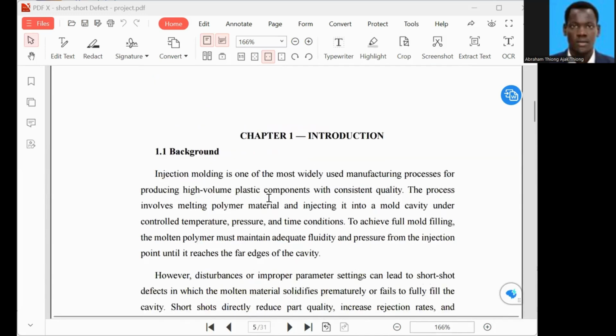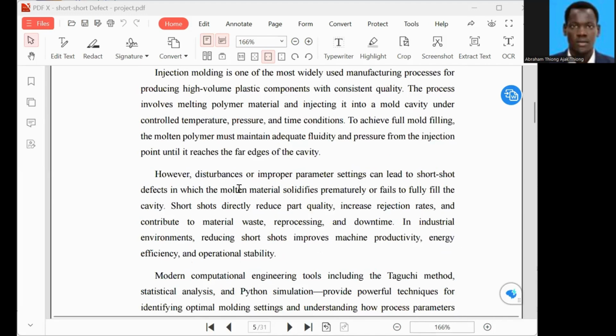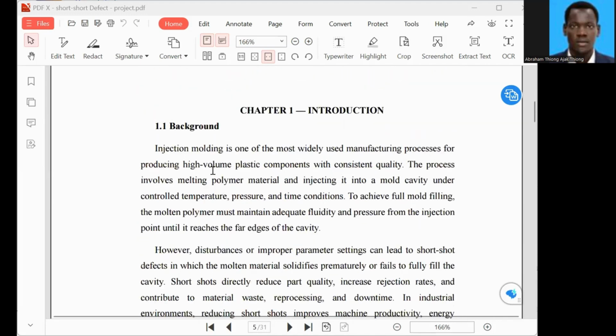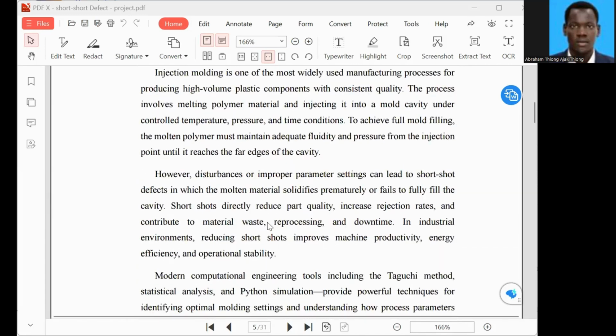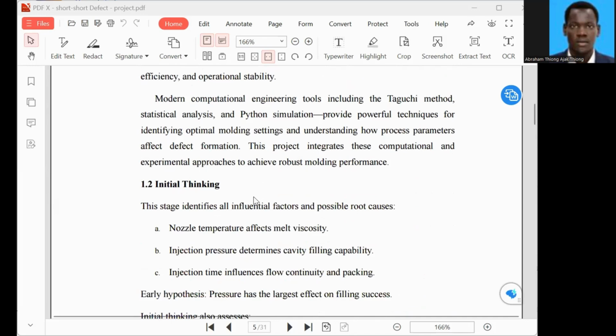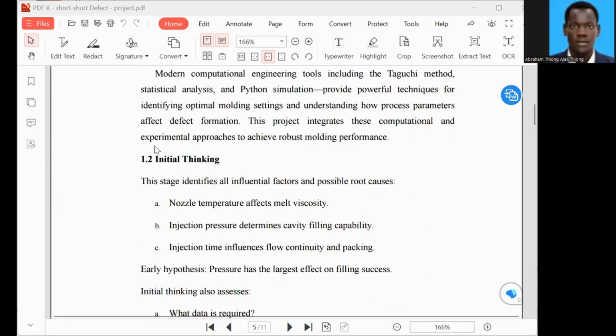In the background, injection molding is one of the most widely used manufacturing processes for producing high volume plastic components with consistent quality. It involves a lot of materials. I'm not going to read all of it. I'm just going to take you through the I5 process and why it is important to use it.